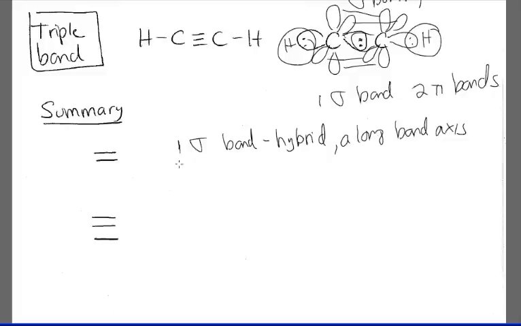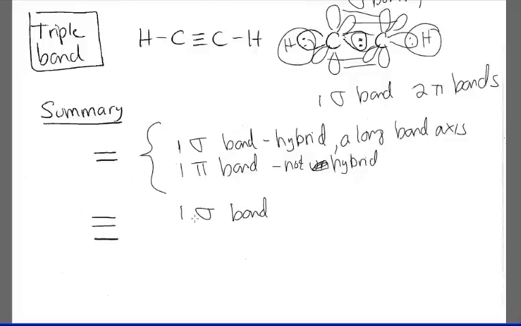And you also have one pi bond, not a hybrid but unhybridized, and that is not along the bond axis. If you have a triple bond, you also have one sigma bond, which is a hybrid and along the bond axis, and you will have two pi bonds that are unhybridized and not along the bond axis.